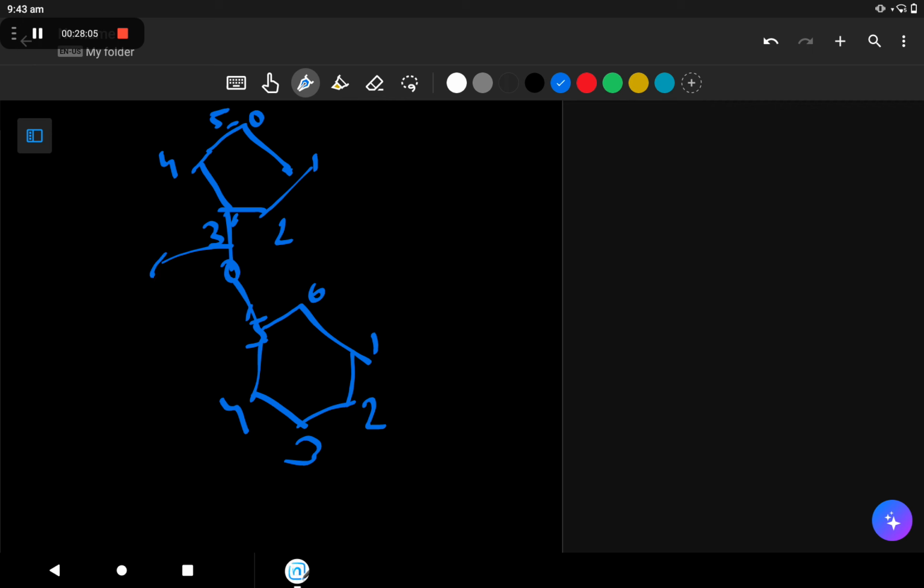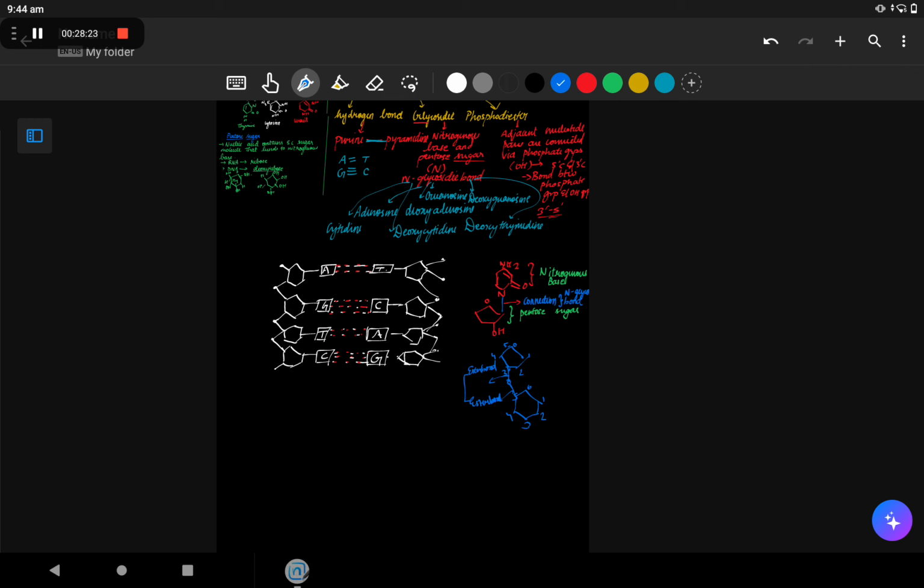Here you could spot an ester bond. This is an ester bond. This is also an ester bond. These two ester bonds together are known as the phosphodiester bond. Therefore, we can also say it is a 3,5 phosphodiester bond.